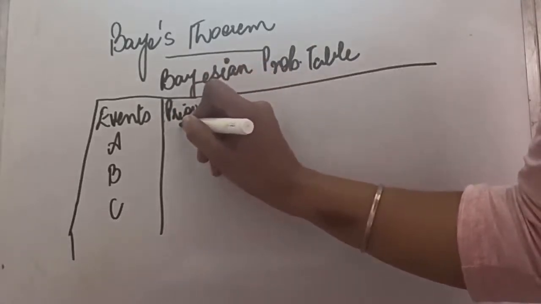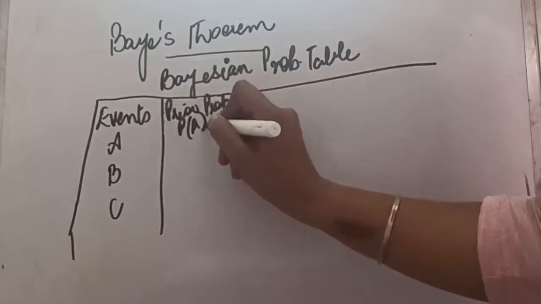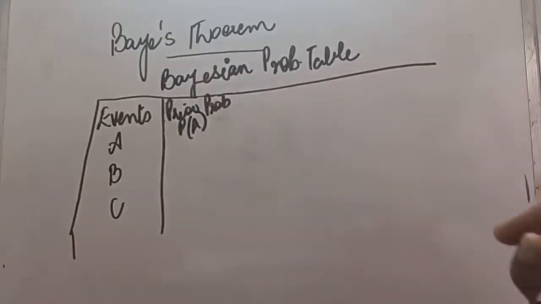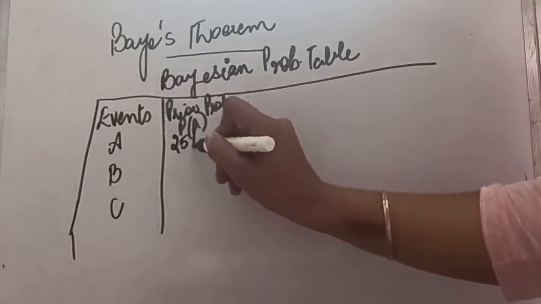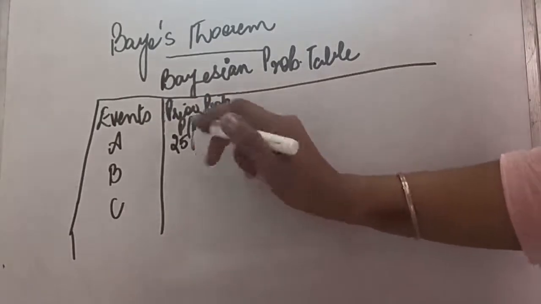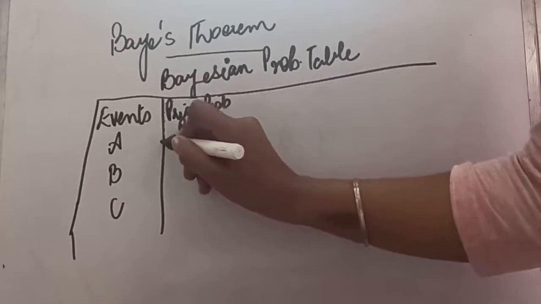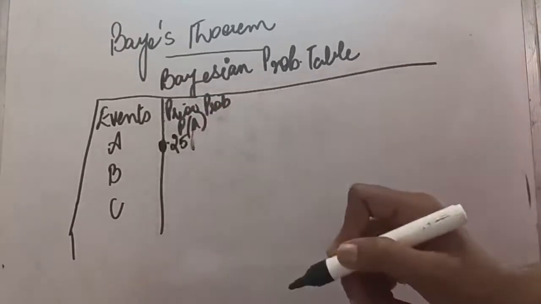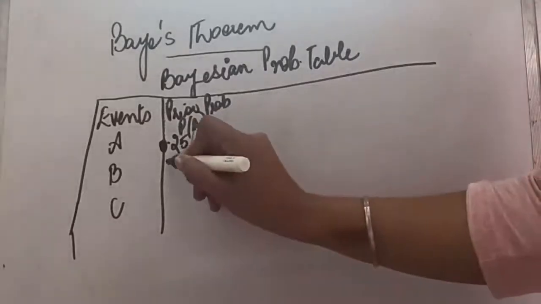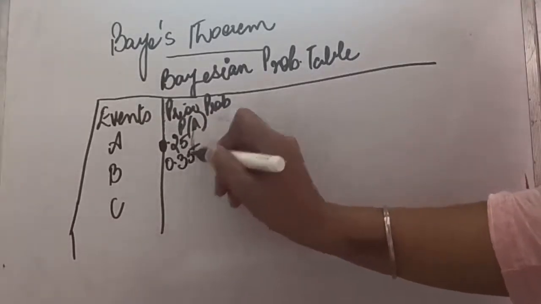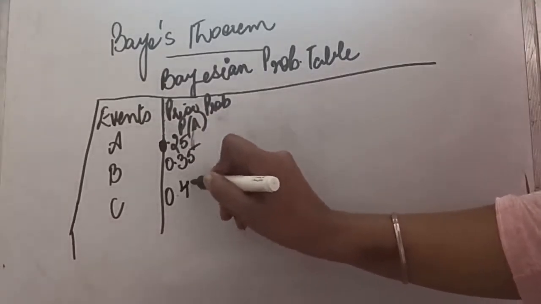It is denoted with P(A). The contribution of machine A was 25%. So instead of writing percent, we will write here 0.25. Then the contribution of machine B was 35%, so 0.35, and contribution of C was 40%.